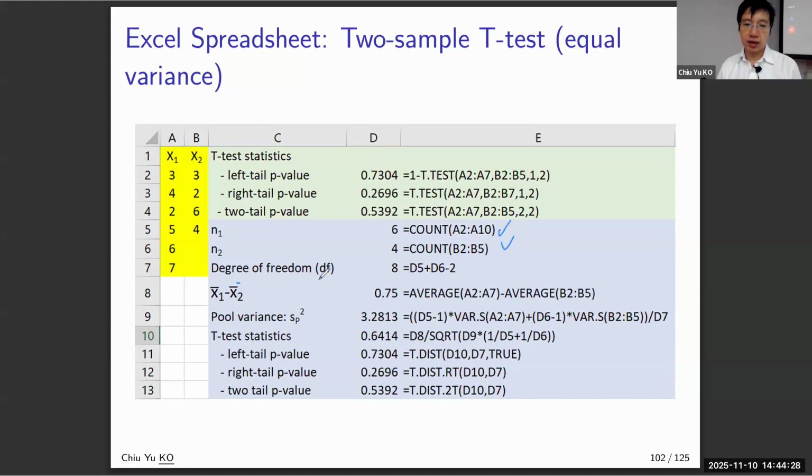And calculate the degree of freedom, N1 plus N2 minus 2, calculate the mean difference, calculate the pooled variance, right? And you calculate the T-stat, using the pooled variance times 1 over N1 plus 1 over N2. So this is the formula we have seen. Okay. So this tells you the green one is the same as the blue one.